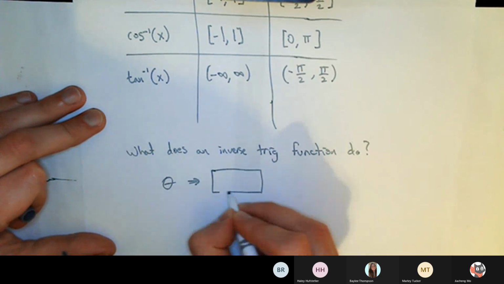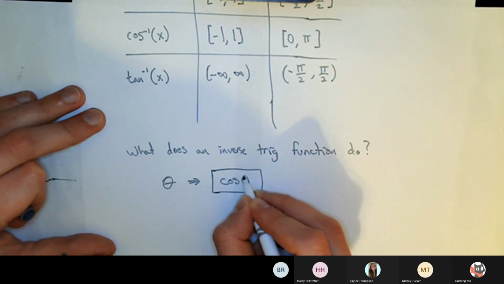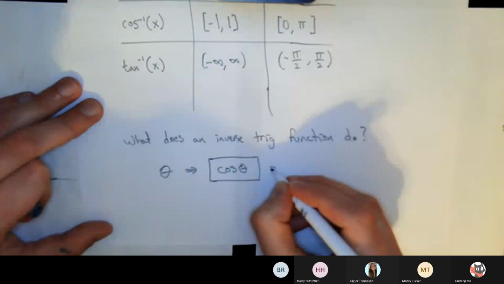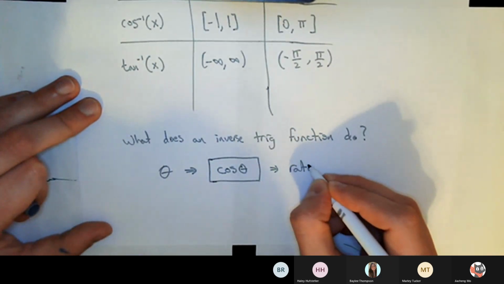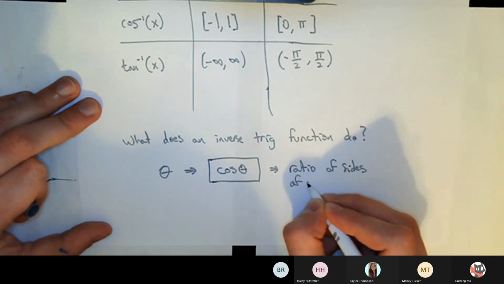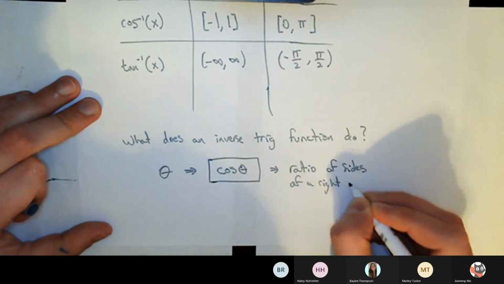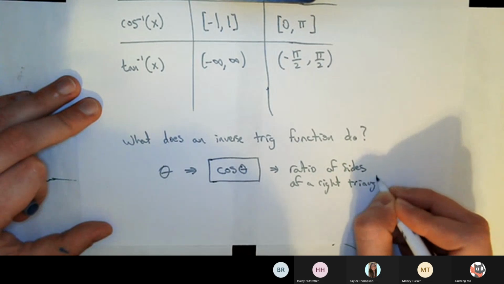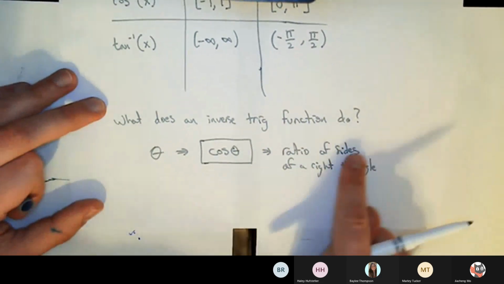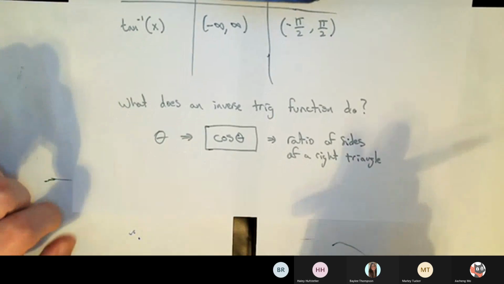I'll just use cosine theta as an example here. The cosine theta is the function, theta is the input, and it outputs a ratio, right? A ratio of sides of a triangle. I've been saying that in words, but here's a little diagram for it. In particular, cosine gives adjacent over hypotenuse, right? A ratio of sides of a right triangle.